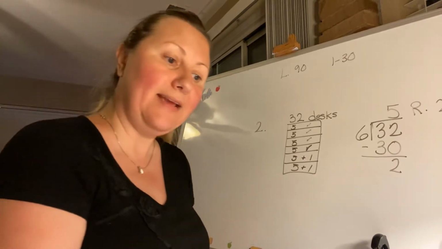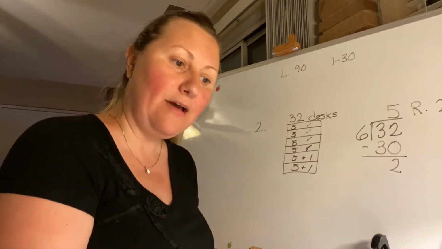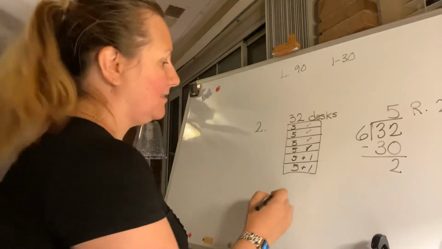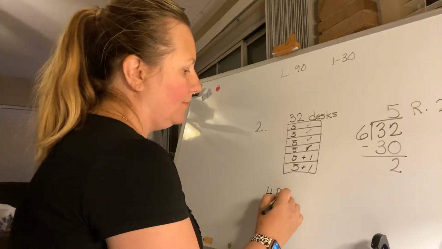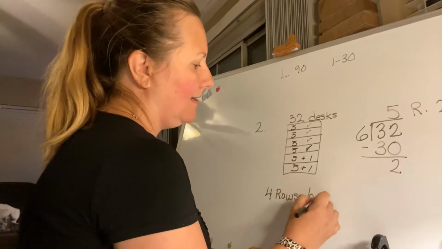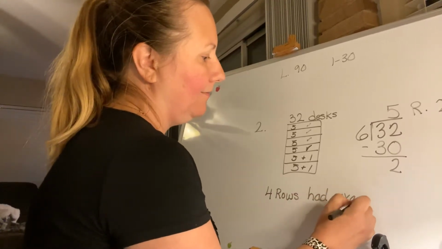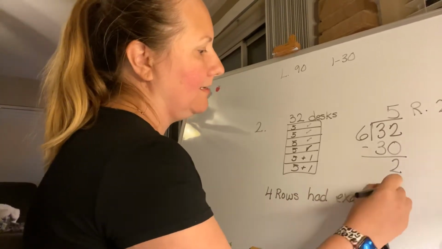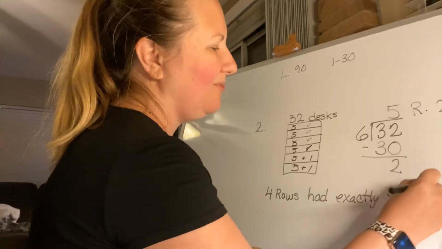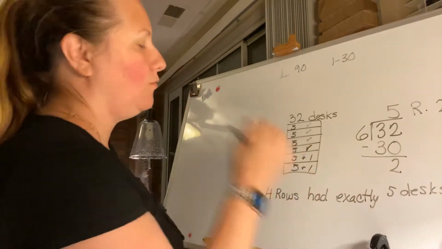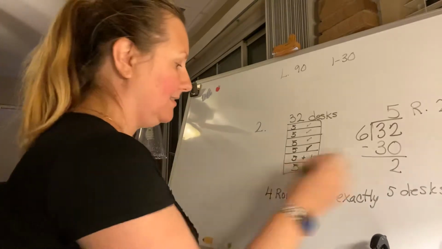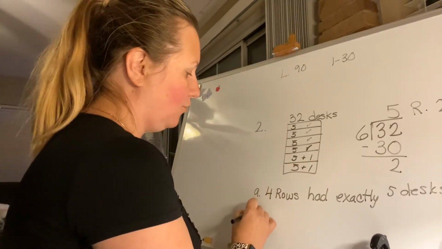And so that answers A, how many had exactly 5 desks? Well, 4 rows had exactly 5 desks. But then we had to squeeze in 1 more desk into each of the 2 more rows.